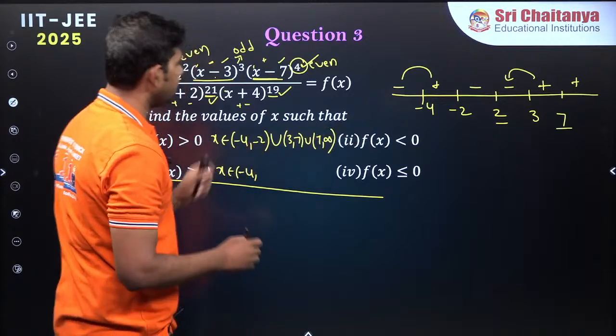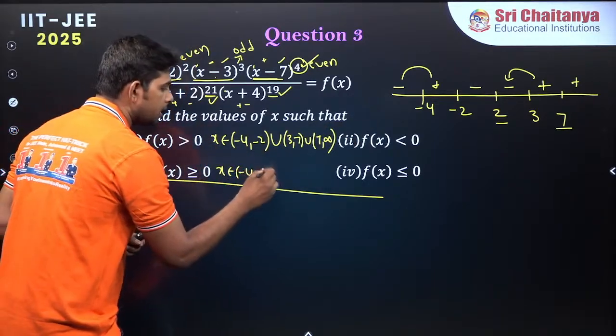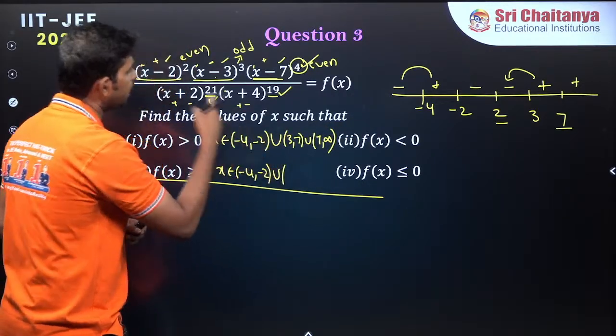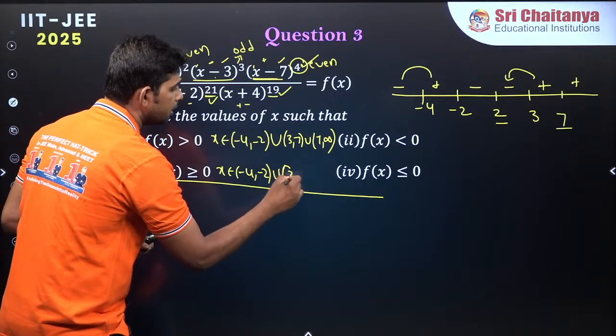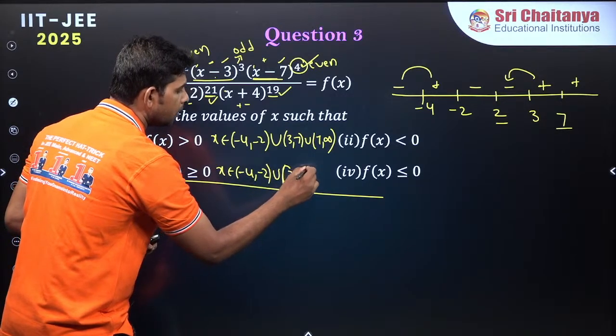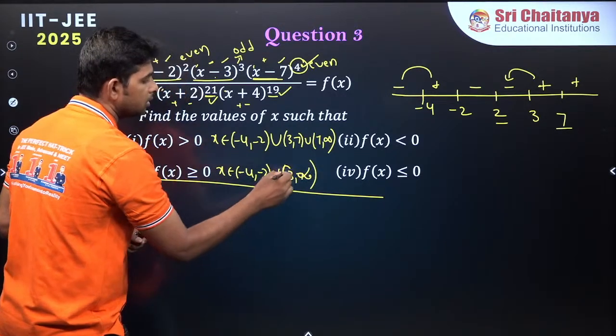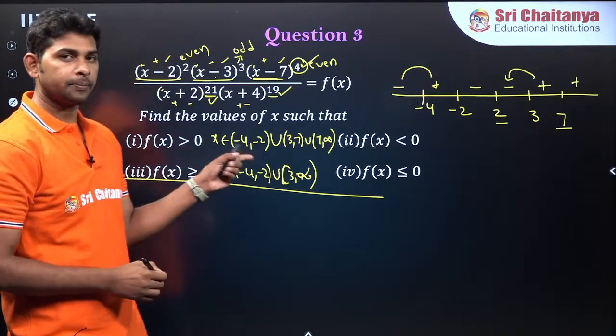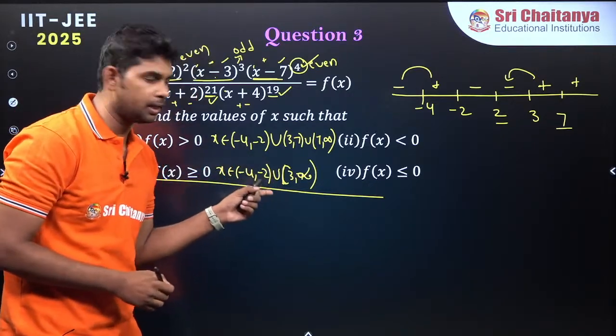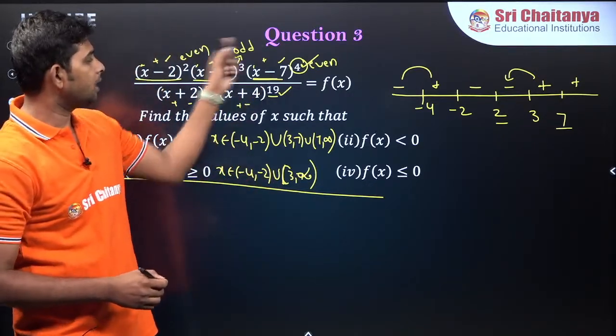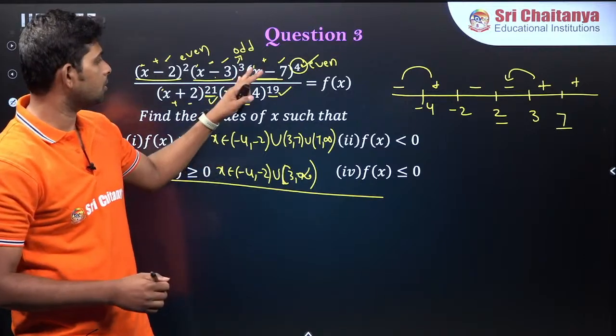But can I include minus 2? Minus 2 also is in the denominator, so we are not including it. But I can include 3 because it is in the numerator, 3 to 7. And 7 is already included, so you can take up to infinity. So this is our solution set for x to solve this inequality.